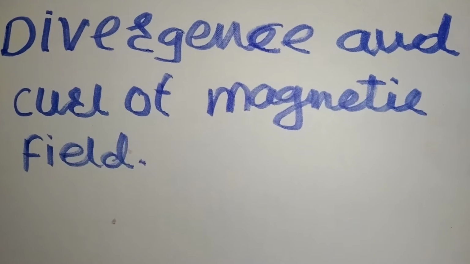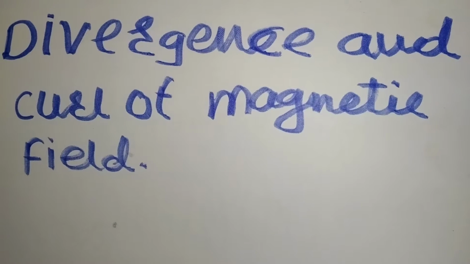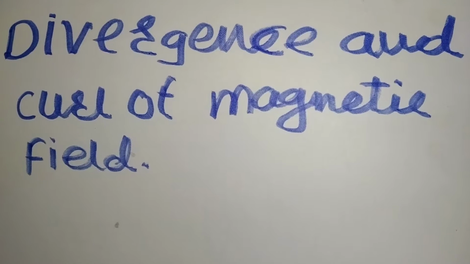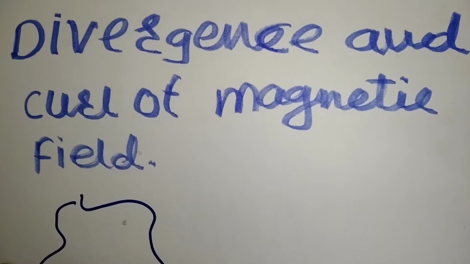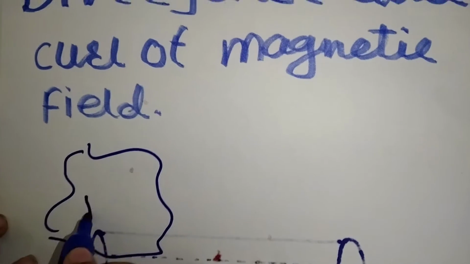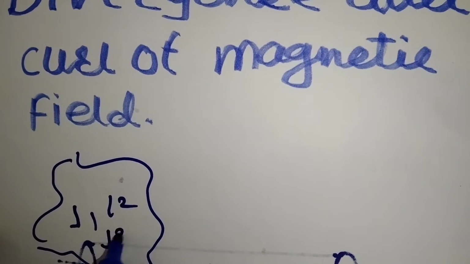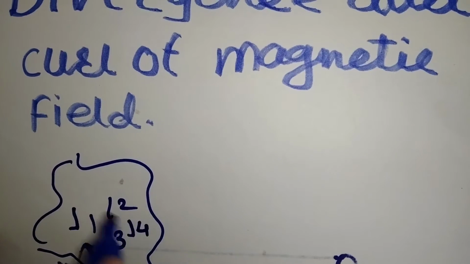Hello students, in this lecture we will see divergence and curl of magnetic field. Let us see, this is the system, made up of current densities J1, J2, J3, J4.